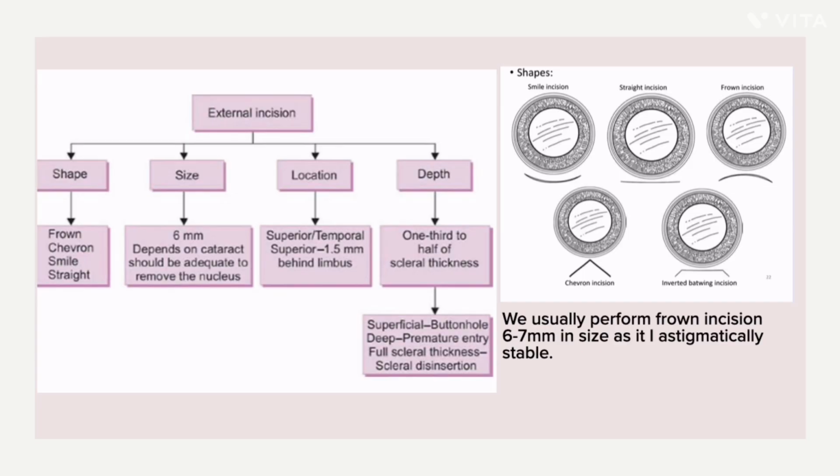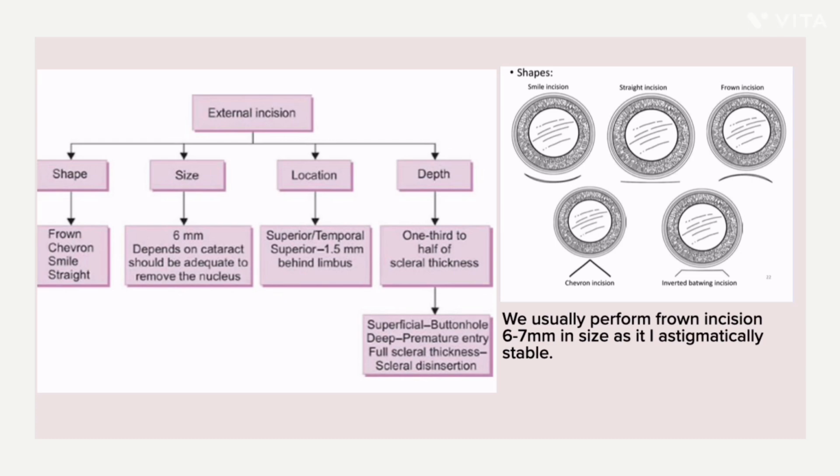Now this slide outlines the key aspects of an SICS tunnel in cataract surgery. The shape of the external incision can be frown, smile or straight. Frown is most commonly used due to better astigmatic stability, and the size is typically around 6 to 7 mm depending on the cataract hardness, and must be large enough to safely remove the nucleus.